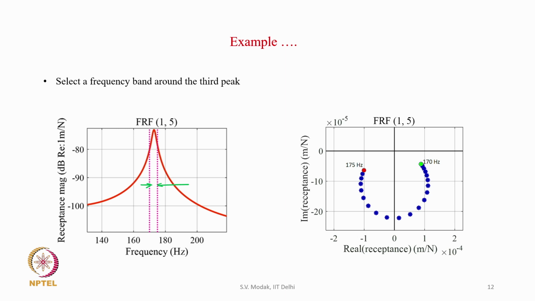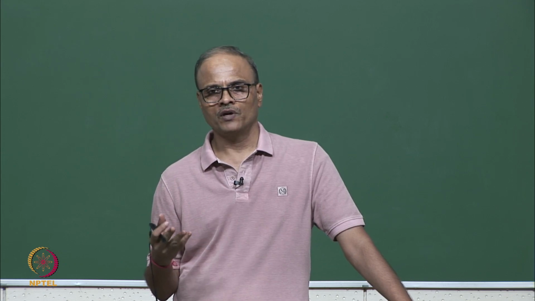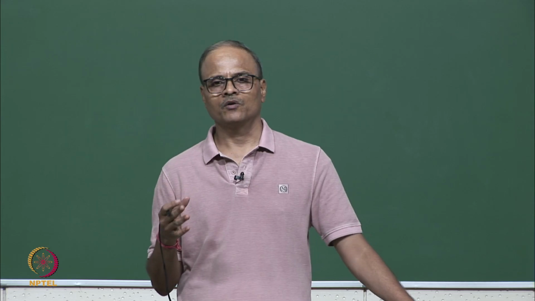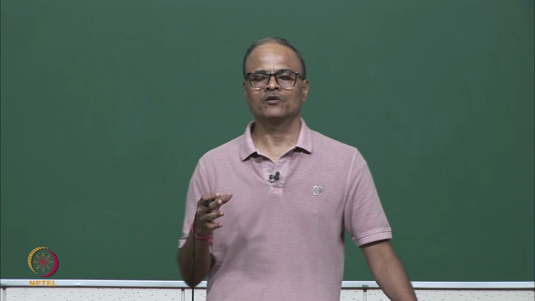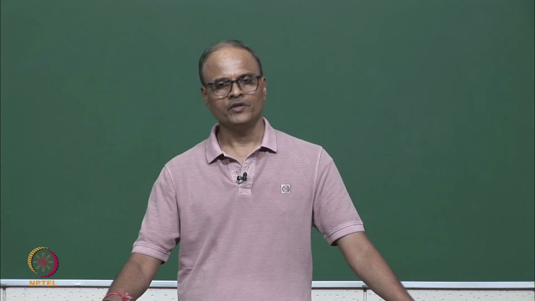This is the Nyquist plot with all the frequency points being shown. Now we have to fit a circle to this, and we have studied how to fit the circle. Because at all these frequency points we know the FRF values, we can set up the coefficient matrix on the left hand side and a vector on the right hand side, and then find the coefficients A, B, C by solving those equations.